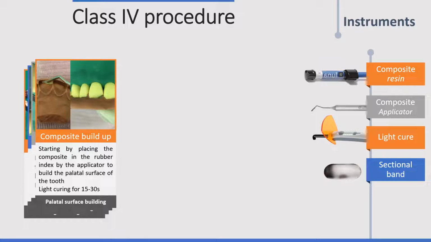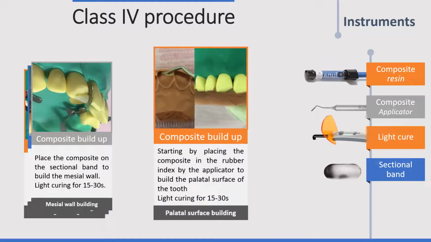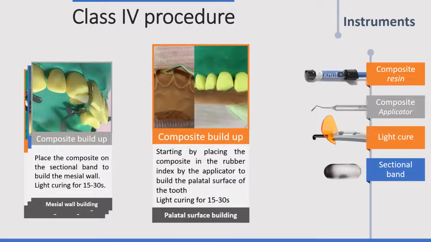For composite buildup, we will need composite resin of the previously selected shade, composite applicator, light cure, and sectional band. Firstly, we will use the index for palatal surface buildup using the composite applicator, then adapt it to the tooth and cure for 15 to 30 seconds.